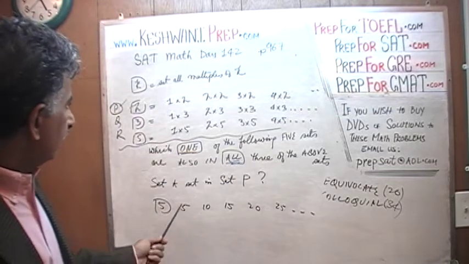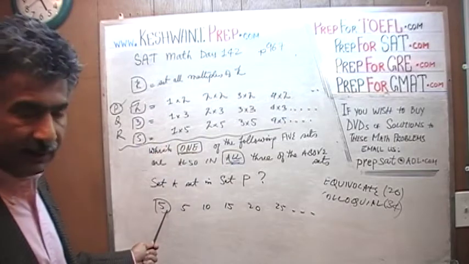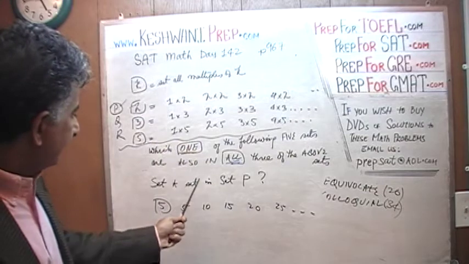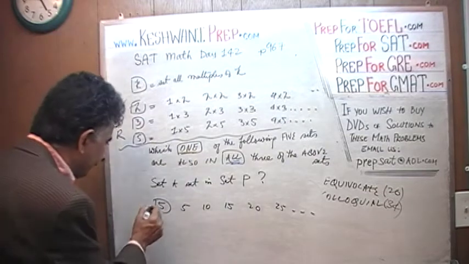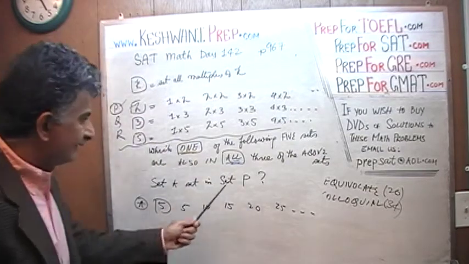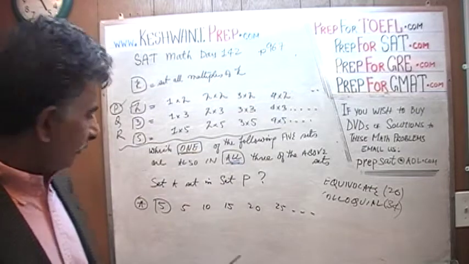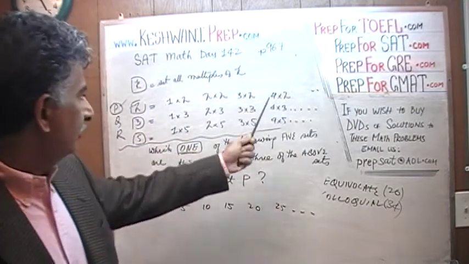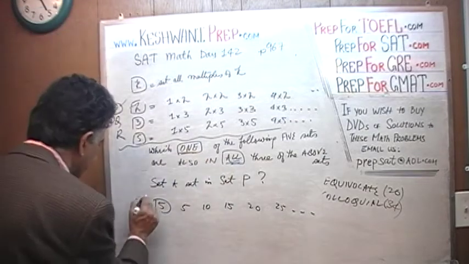Is this in set P? The answer is no, because set A consists of 5 and 15 and 25. Those are odd numbers. Odd numbers do not appear in set P. So the answer is not A.